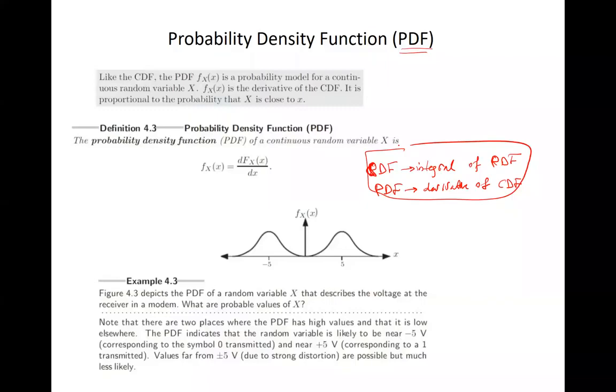You see, usually it has a peak value at the points where the random variable takes the highest number of occurrences.